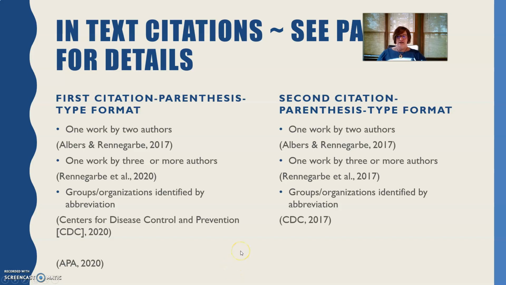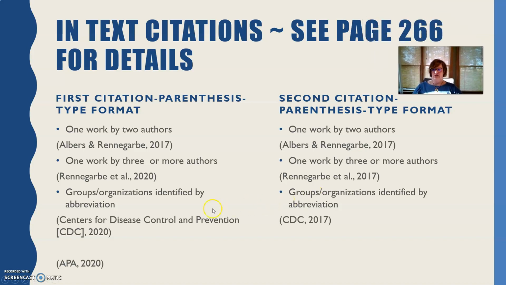So the in-text citations, these are some common types of in-text citations. For the first citation, they are listed on this side, and for the second citation in the paper, the citations are listed on this side. So for one work by two authors, always use the ampersand when it's within the parentheses.